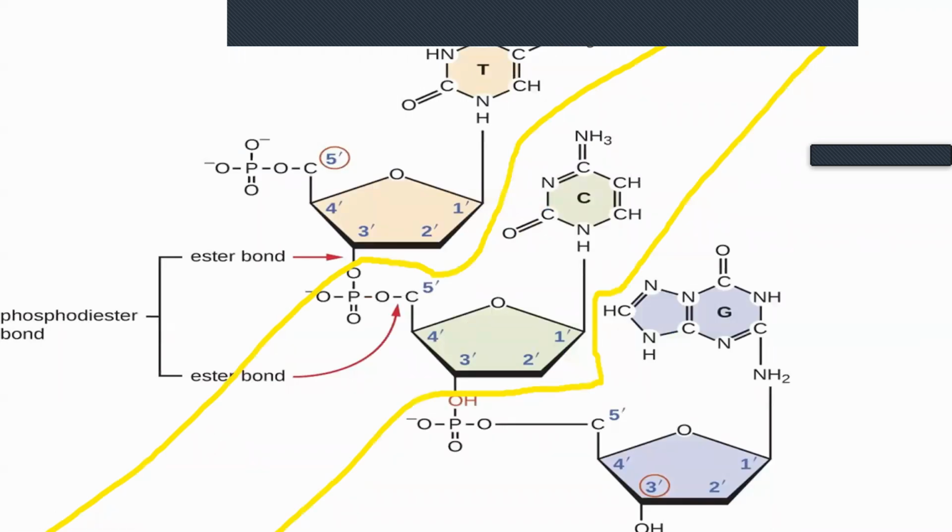Okay, now here I have just shown how they are separated. So nucleotide number 1, 2 and 3, here you can see 3 nucleotides in this picture and they are connected. You can see between the first and the second one they are connected by a phosphodiester bond.